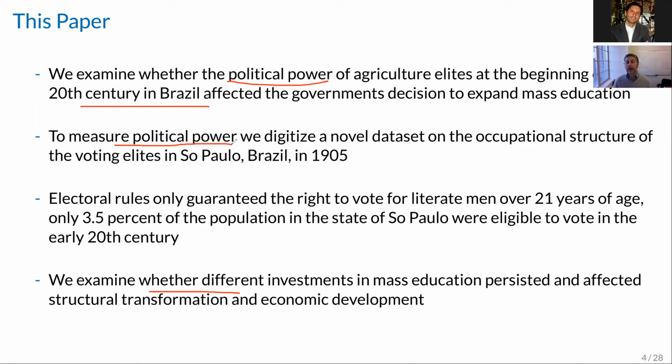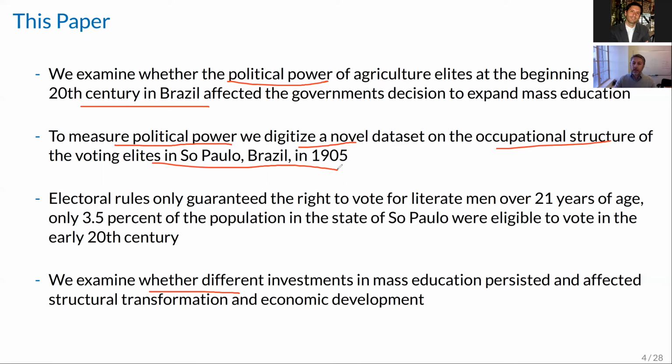But land inequality can be capturing a lot of things, right? So what we want is a specific measure of who has the power and how unequally this power was distributed. So what we do is digitize a new data set where we have the occupational structure of the voting elite in São Paulo in 1905, in the beginning of the 20th century.